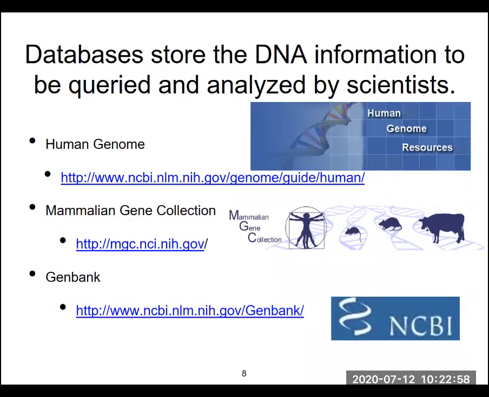Now, the databases that store the DNA information are queried and analyzed by scientists. So this is just a collection of 3 of them that are commonly used and are readily available. There's the Human Genome, and all of these are on the NIH, National Institutes of Health, government websites. And so you can go through and study the human genome on this website. You can study the relationship of different mammalian genes with another database.